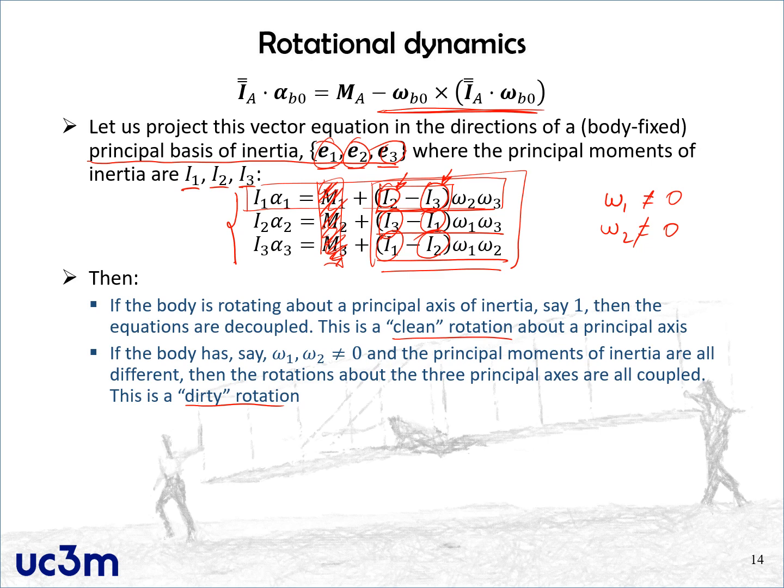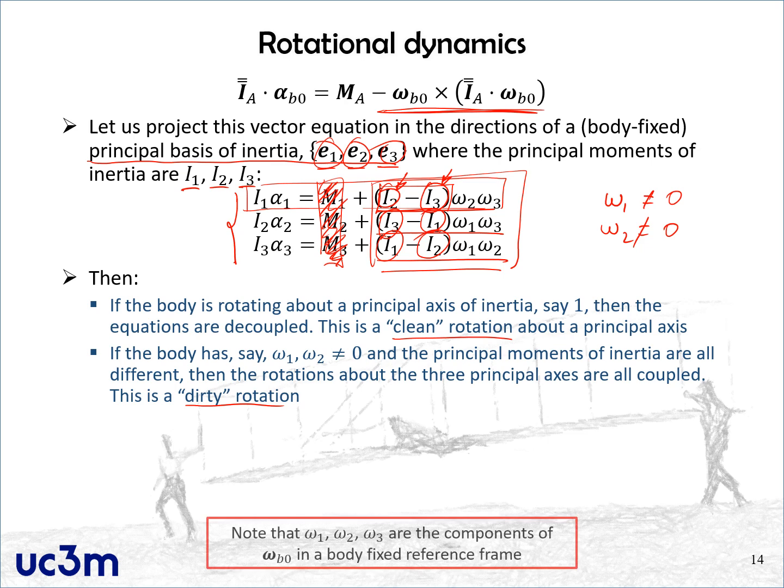All right, so you see that there is this interplay between the value of the moments of inertia and the angular velocity components in the body fixed reference frame. Observe that the three components that we have used here for this discussion are the components of omega in the body fixed reference frame given by this basis.